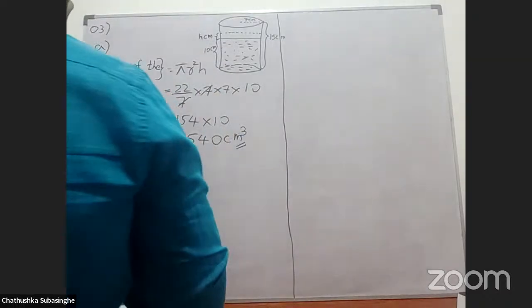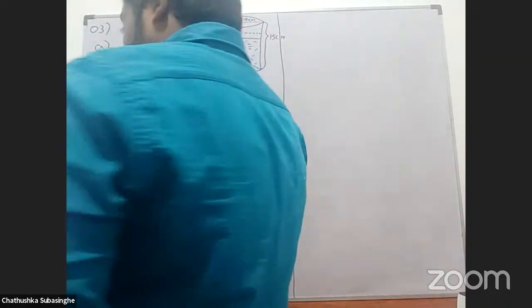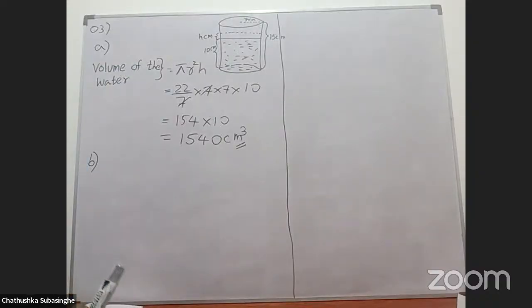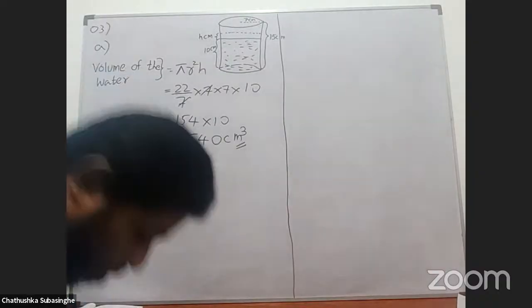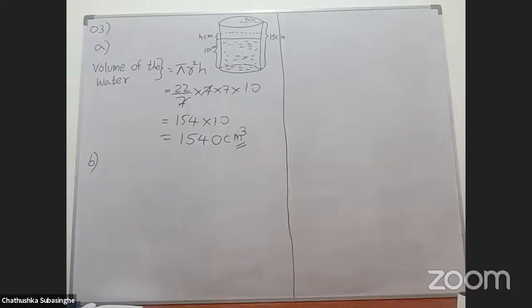The question says its water level goes up by 8. So the water level comes up by 8. So now I have to find the new volume, right? No, not the new volume. What Archimedes' theorem says is that the displacement of the fluid is equal to the volume you submerge.